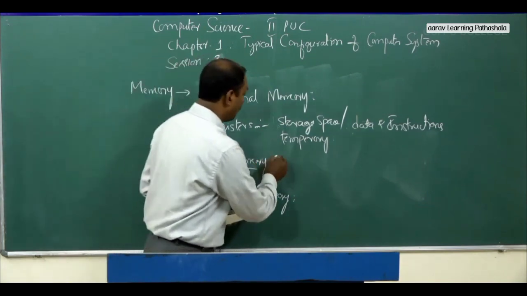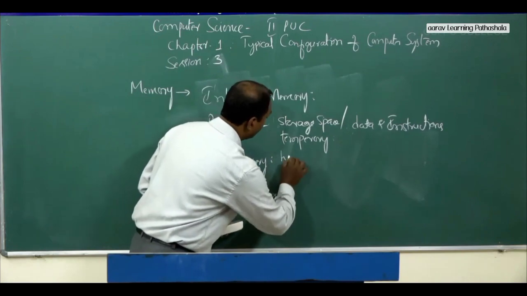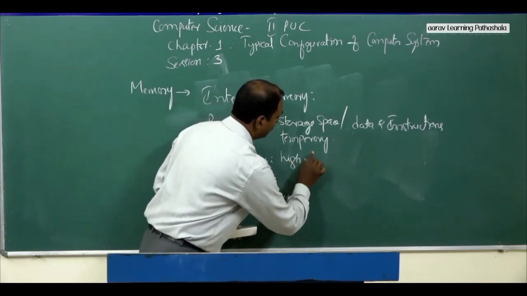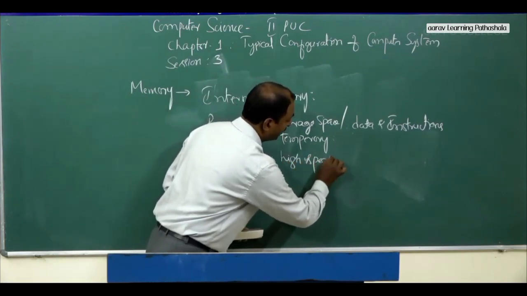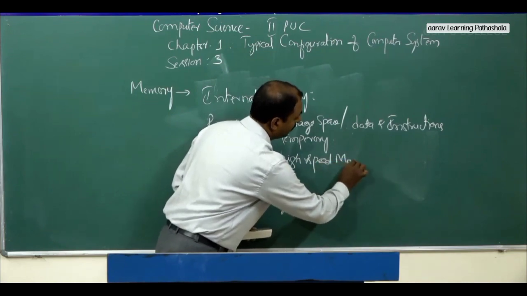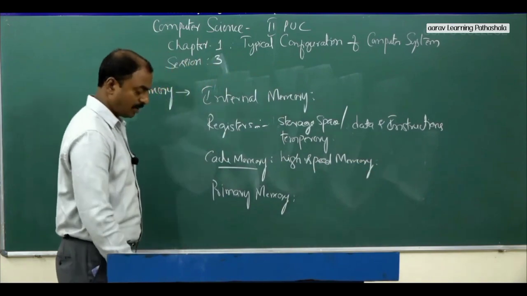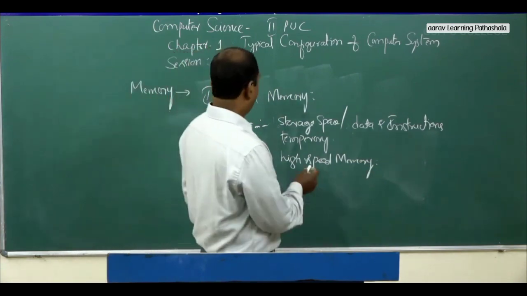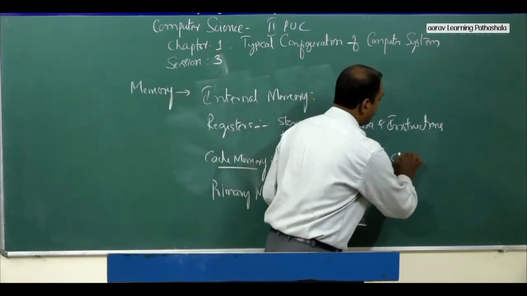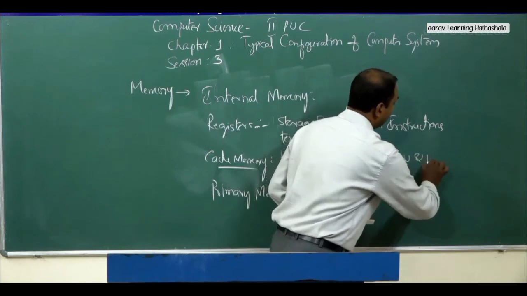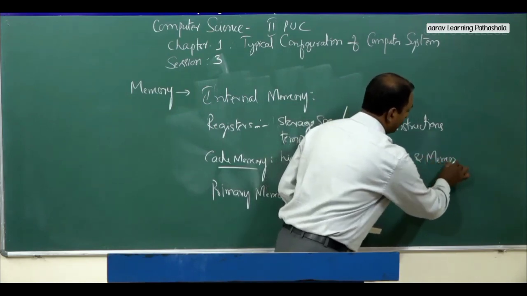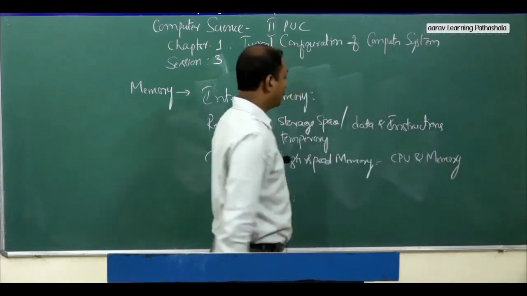What is a cache memory? Again, it is also a high speed memory. Cache is a high speed memory, and it used to be placed between the CPU and the memory unit of the computer system.